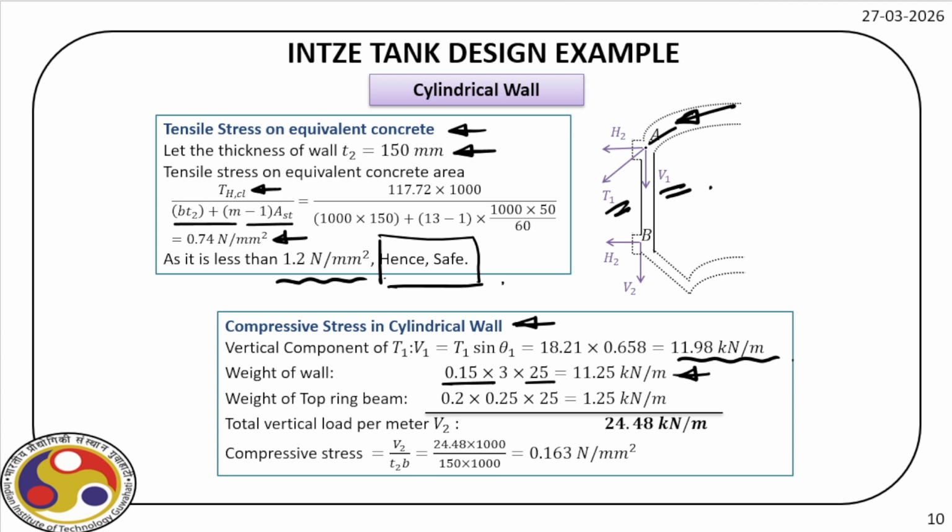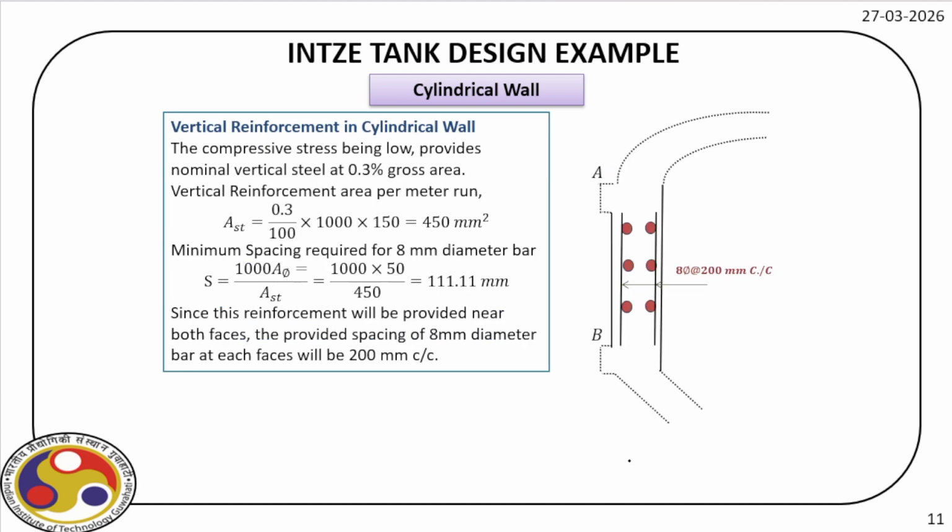Then the top beam here, it will have its own weight. The beam is 200 by 250. So we can find out the weight of the beam, which is 1.25 kilonewton per meter. So the total vertical load per meter is 24.48 kilonewton per meter. Now the compressive stress we can easily find out from the geometry at this value of V2, which is 0.163 Newton per millimeter square.